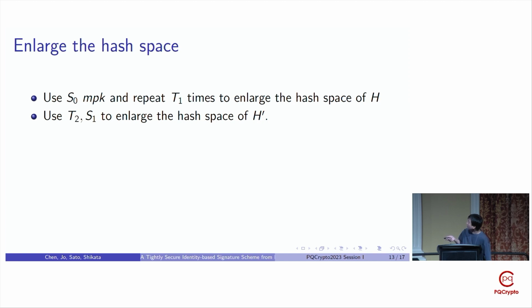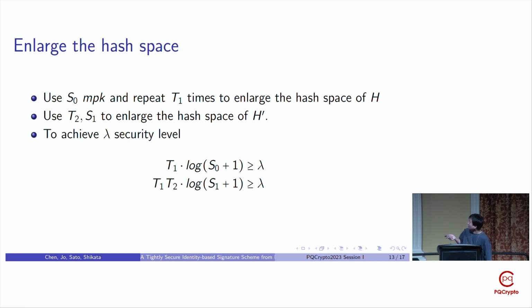And to enlarge the hash space, a method similar to lossy CSI-FiSh is used, which means we use the S1, S0 and the T1 in the extract algorithm to enlarge the hash space of H, and T2, S1 in the sign algorithm to enlarge the hash space of H dash. And to achieve lambda-bit security level, these two inequalities need to be satisfied.